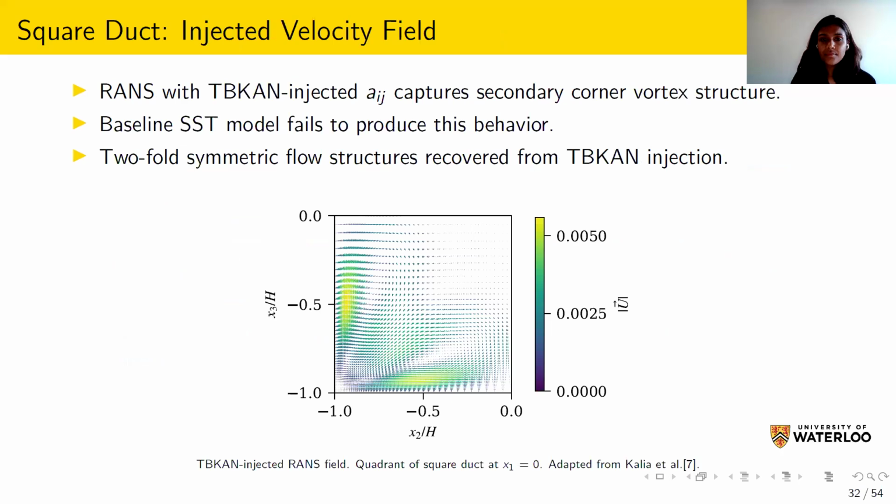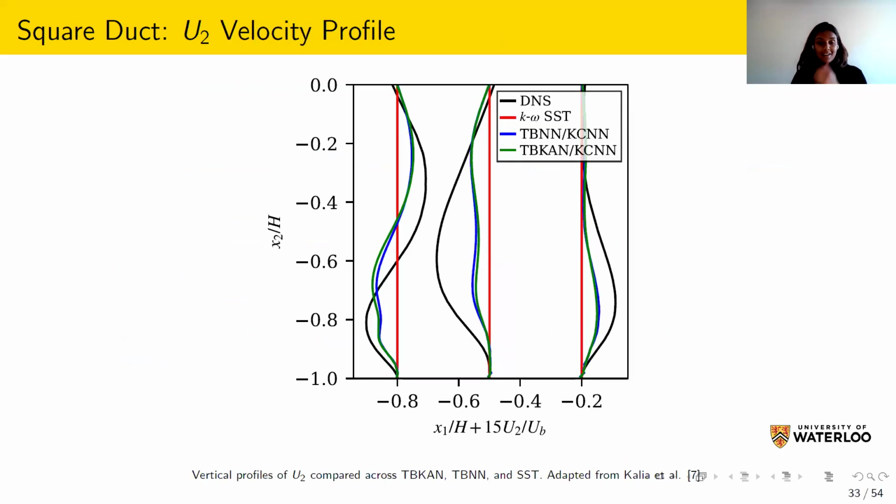These are the results where we inject back the U2 and U3 velocities and try to figure out how well the modified TBNN and the TB-KAN behave when compared to DNS values.